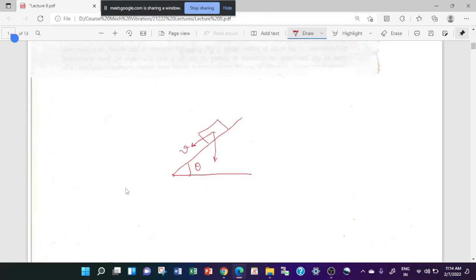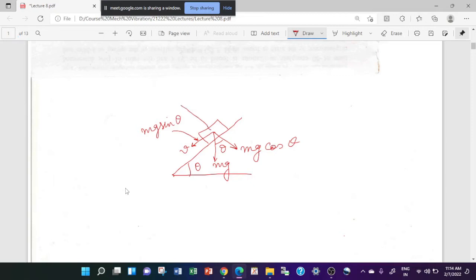Then this is your mg, which becomes mg cos theta, and this is mg sin theta, which will help in moving the body downward.